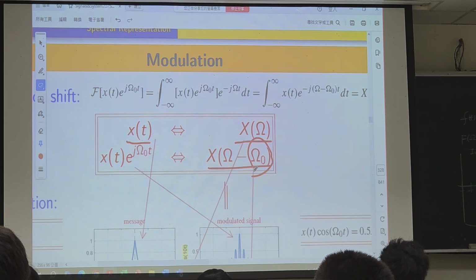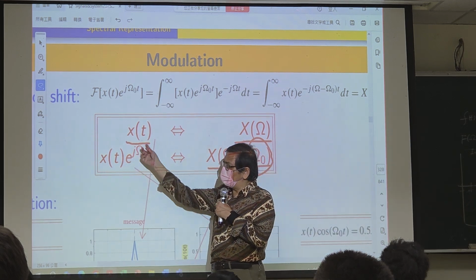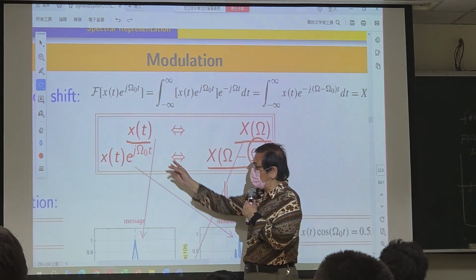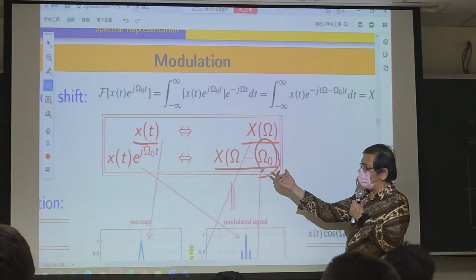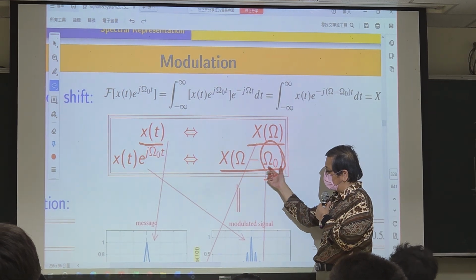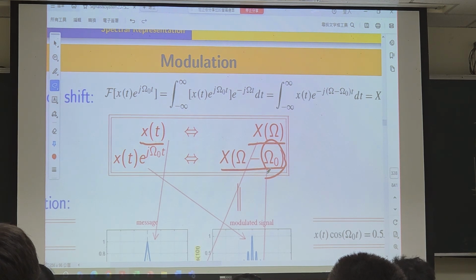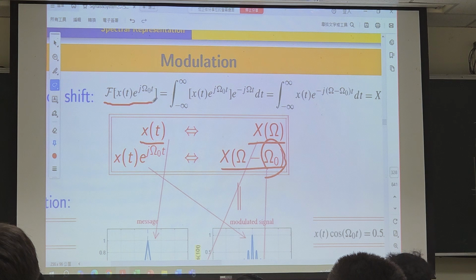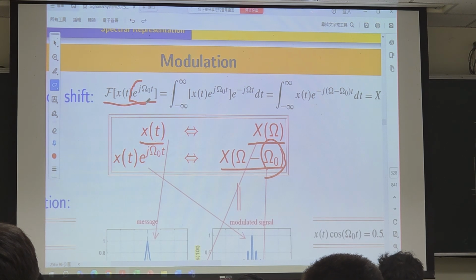So if you multiply the time function by a sinusoidal wave, with the frequency omega sub 0, then in the frequency domain, we shift the power spectrum omega sub 0 radian per second. Okay? And how do we prove it? Kind of straightforward. Let's take the Fourier transform of this modulated signal, x of t times this complex exponential function.